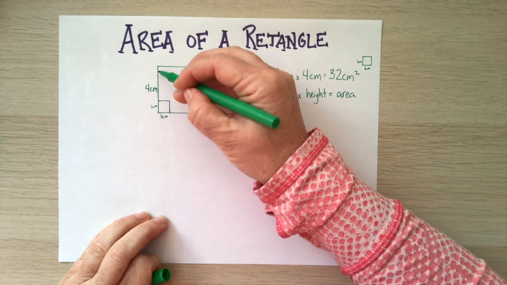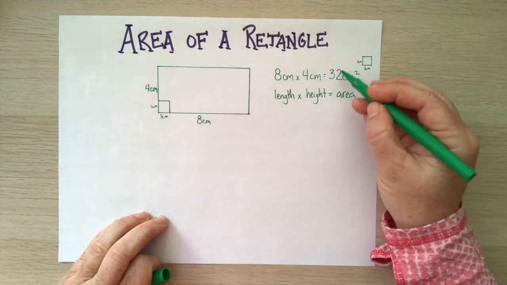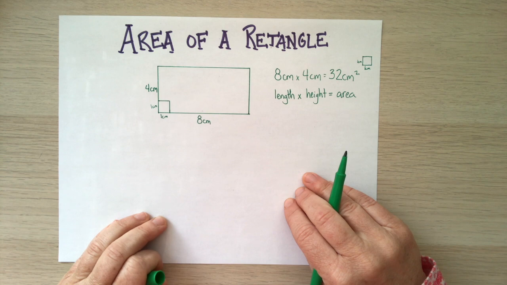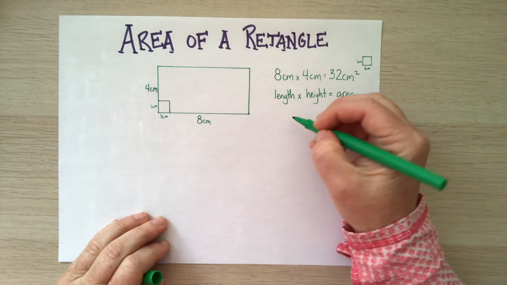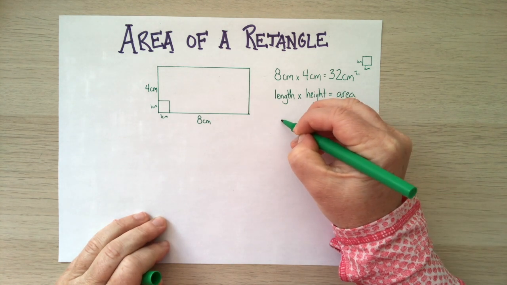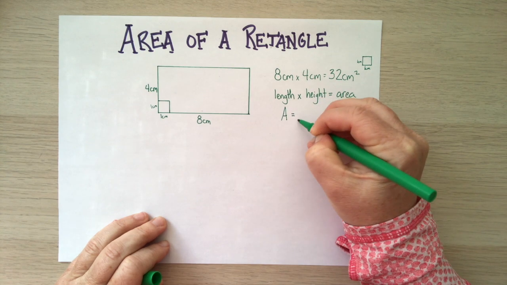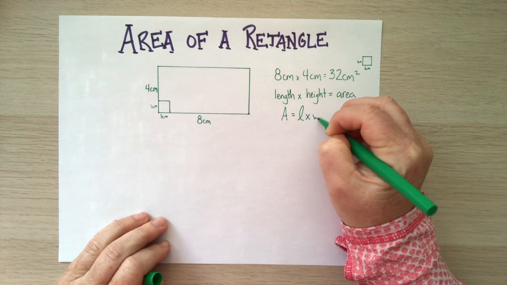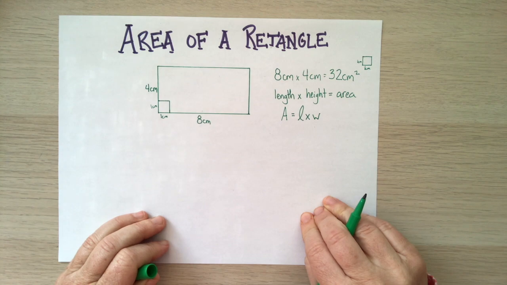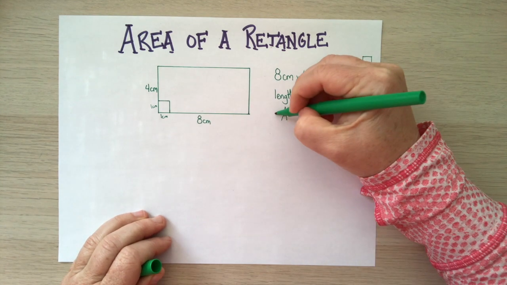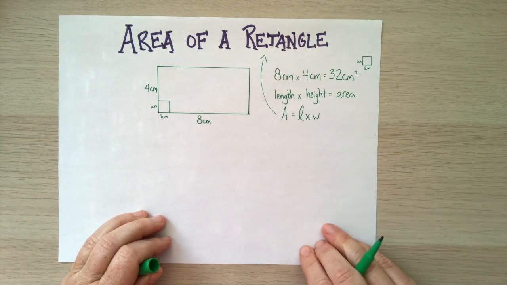Length 8, height 4 equals the area that you're going to have in that rectangle. So we use area equals length times width as the formula to find the area of a rectangle.